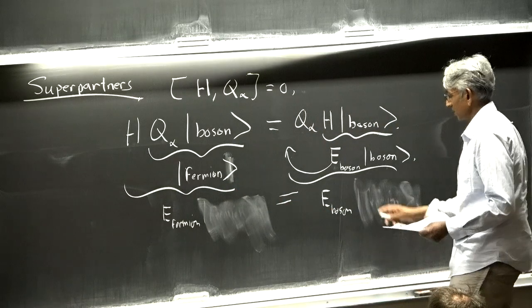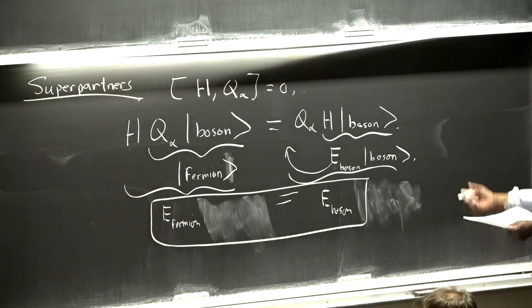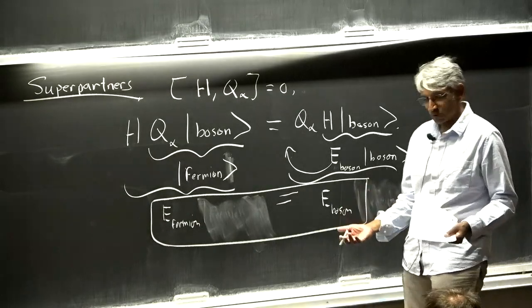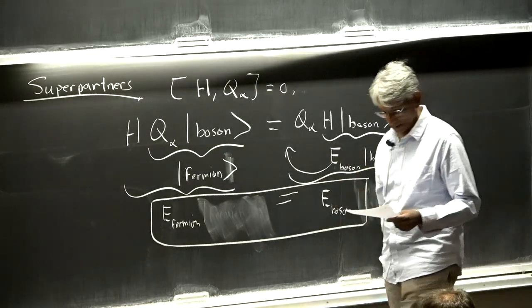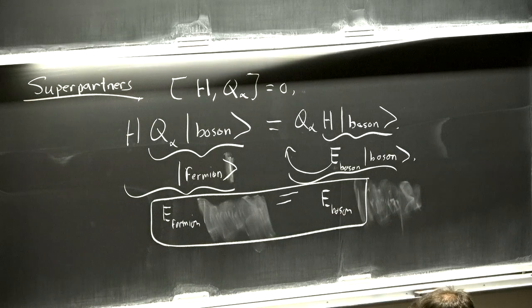And it says that this boson and fermion that were created by the Q alpha, which turns one into the other, are degenerate, right? So say the boson was in its rest frame or something, it basically says their masses are equal. Okay, that's the famous statement. So they are superpartners. That means all the particles have to pair up. Okay, all the elementary particles have to pair up into these superpartner pairs.